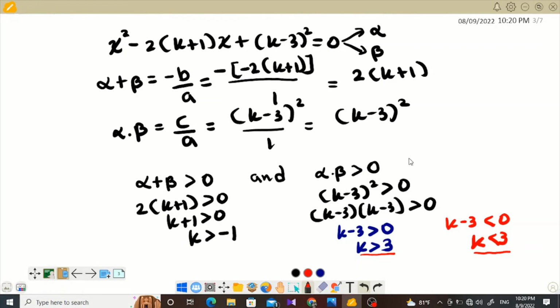We know that in the first part of the problem, we found that only if k is greater than 1, the roots are real and distinct. Then we get a positive value range for the roots as k greater than negative 1. Can we accept this value?